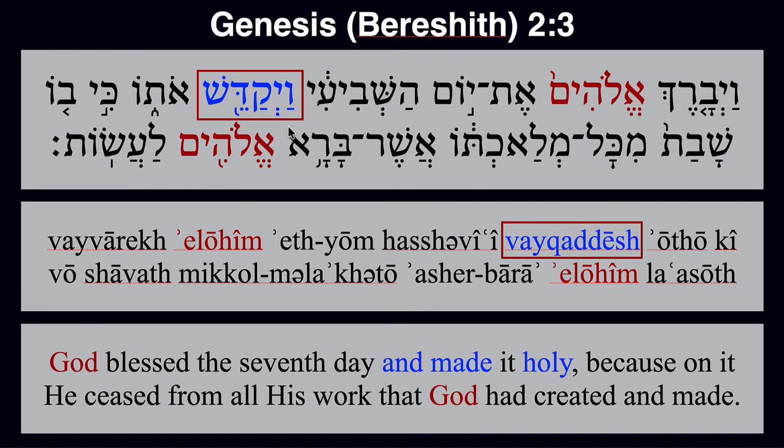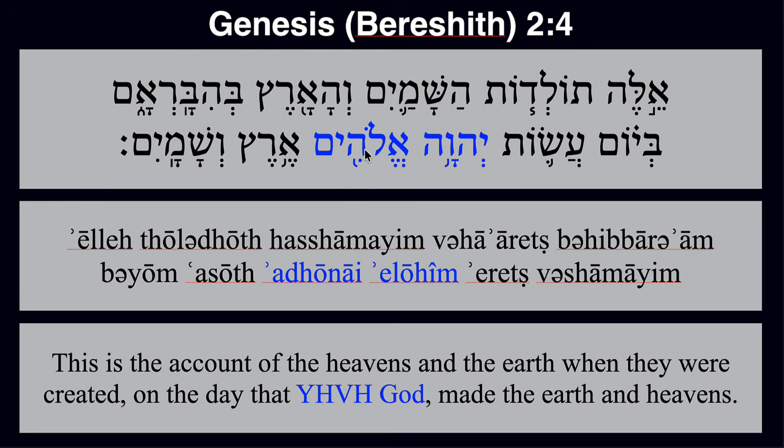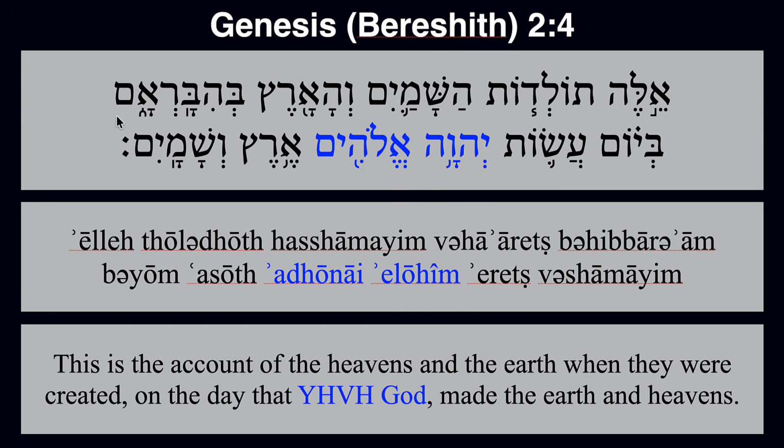And then once the day is made holy, we see Hashem Elohim enters the scene in the narrative. It's very, very interesting. These people have put it in a very deliberate manner. It is not random at all. This is a deliberate design.